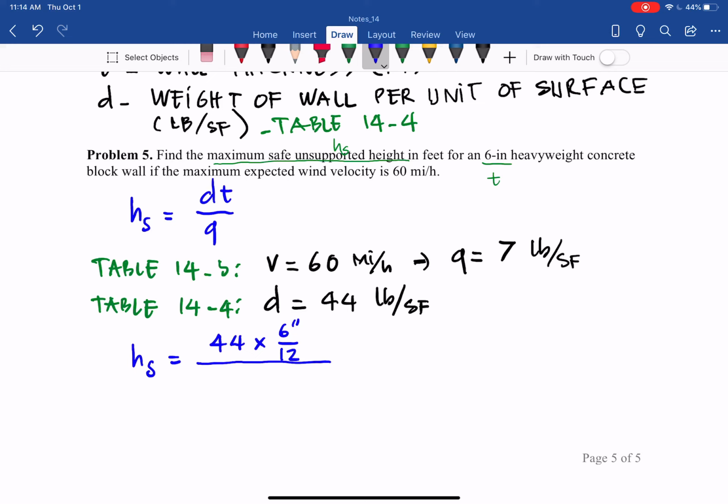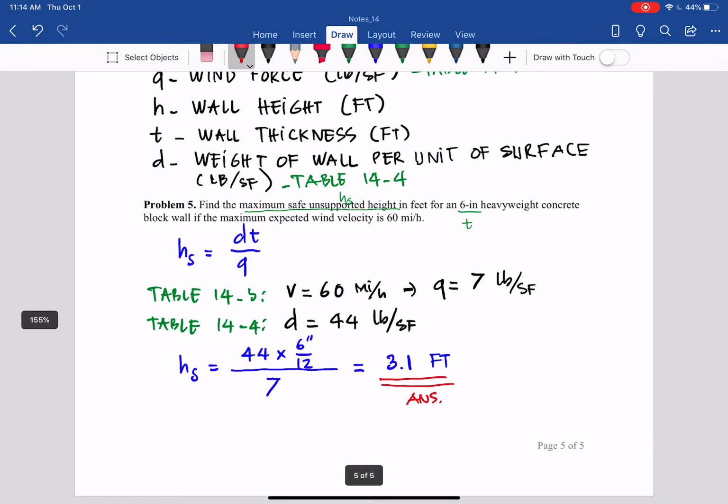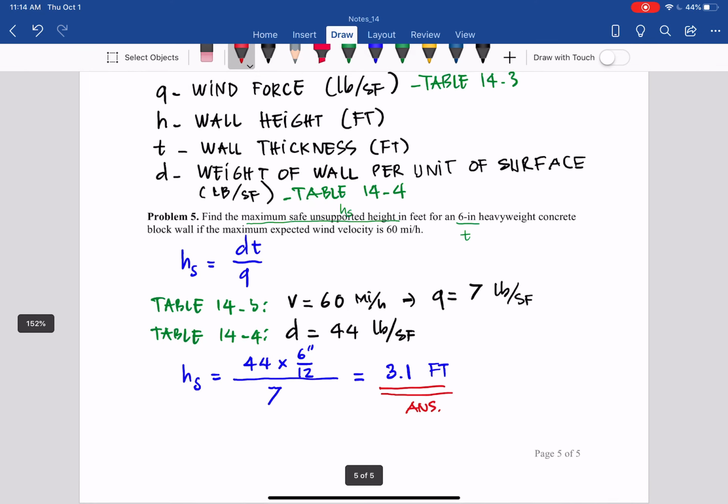Then divide by q, 7 pounds per square foot. And the answer will be 3.1 feet. So that is the maximum height you can build before the wall collapses due to a wind velocity of 60 miles per hour.